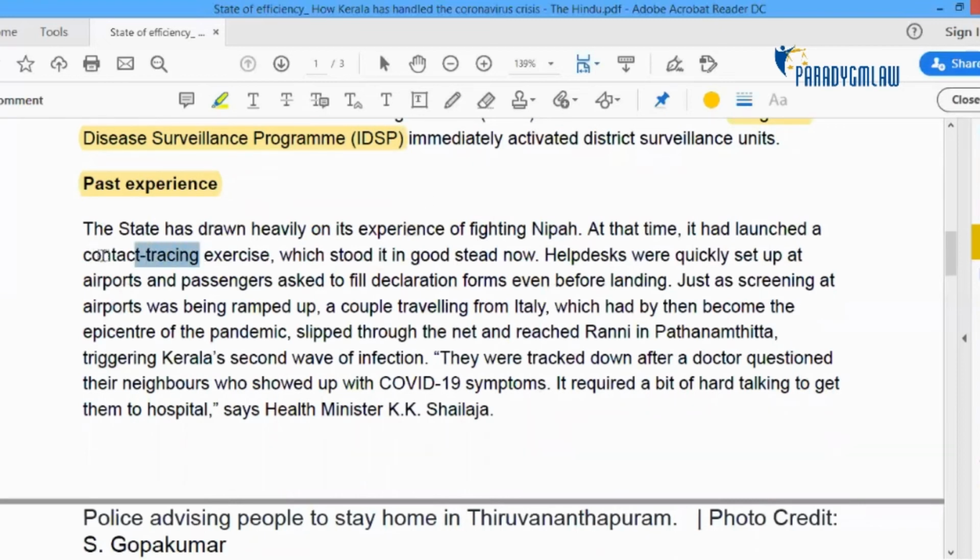Here we're looking at the contact tracing exercise. Remember, we discussed this in the previous article, and this is how it works.